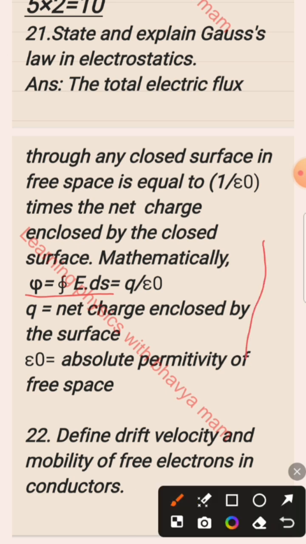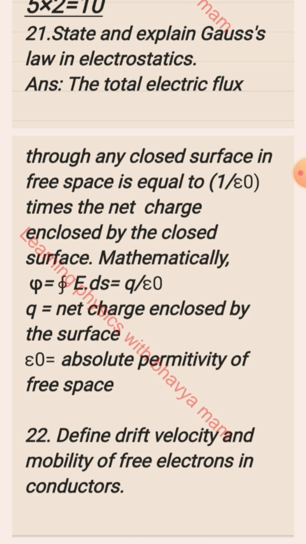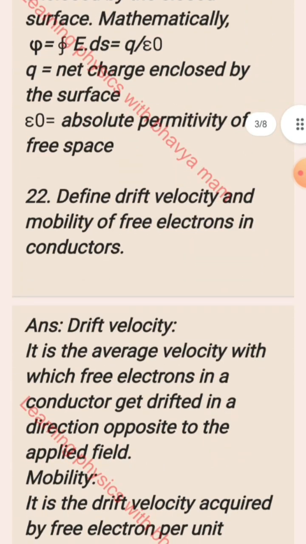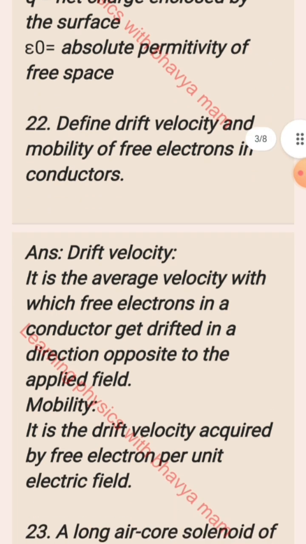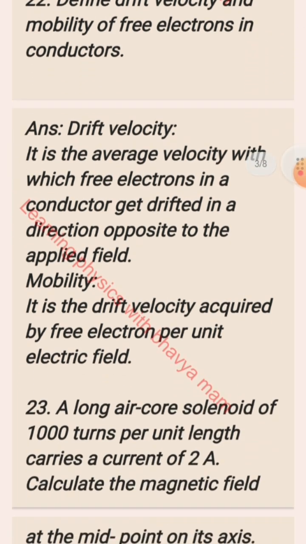The next question is: define drift velocity and mobility of free electrons in conductors. Very simple question. The drift velocity is the average velocity with which free electrons in a conductor get drifted in a direction opposite to the applied electric field.